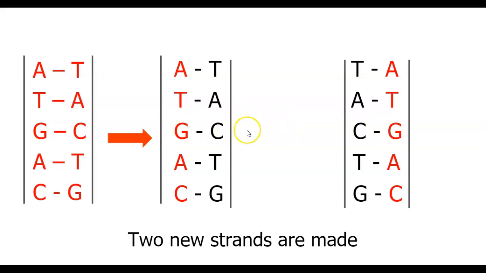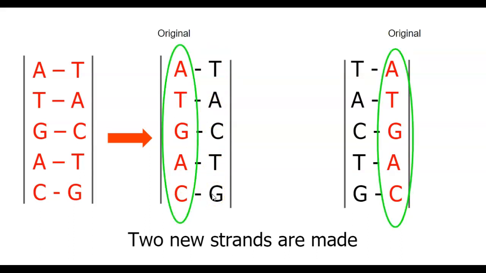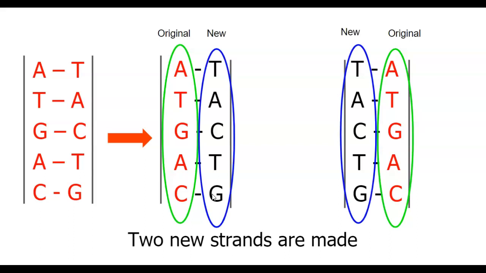They both have the same 2 strands: 1 strand of ATGAC, 1 strand of TACTG. So our original one and our new strands. So we make 2 identical DNA copies.